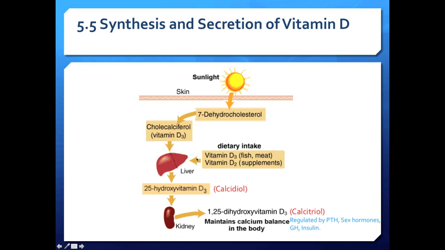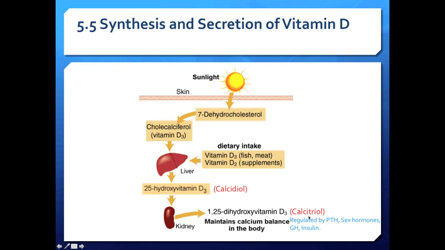Now, in the liver, vitamin D3 is converted to another intermediate component called 25-hydroxyvitamin D3, and we call that calcidiol. Calcidiol will then be converted into calcitriol, with a T, in the kidneys.